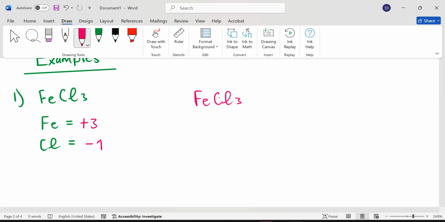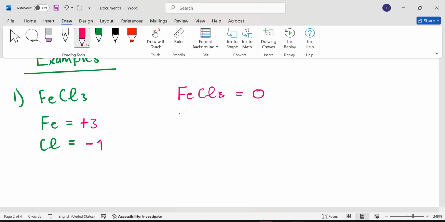Thus, the sum of these oxidation numbers is equal to 0. I forgot to mention that in one of the rules, but that's very important to remember. Do not forget that. Okay, so now to calculate the oxidation number of chlorine, we say FeCl3, and that would be equal to 0.